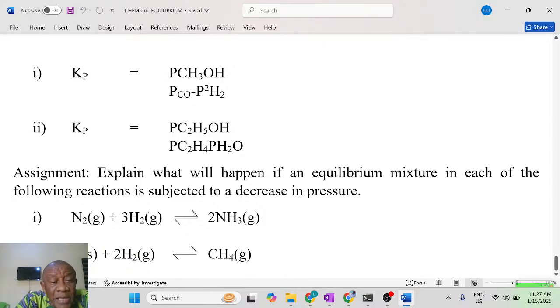So we look at the assignment that we are supposed to do. Assignment number one: N2 plus 3H2 to give 2NH3, and C as a solid plus 2H2 to give CH4 gas. So this is what we shall look at in our assignment.